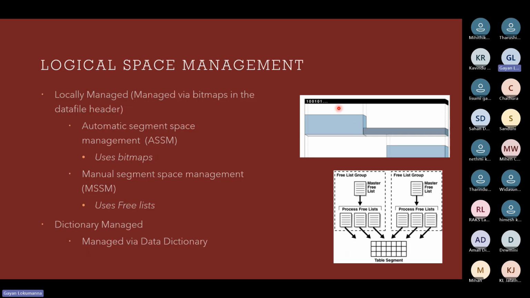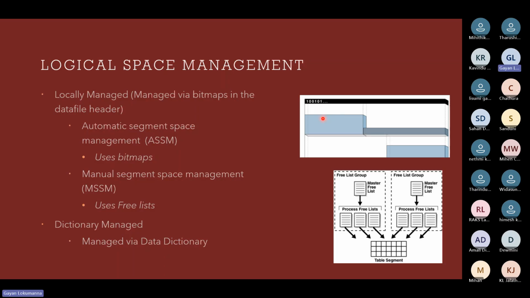So a bitmap will basically have ones and zeros, right? Maybe for a particular block in an extent: if the extent has sufficient space to accommodate new inserts, then maybe it will have a zero value. That means that block is available for inserts.